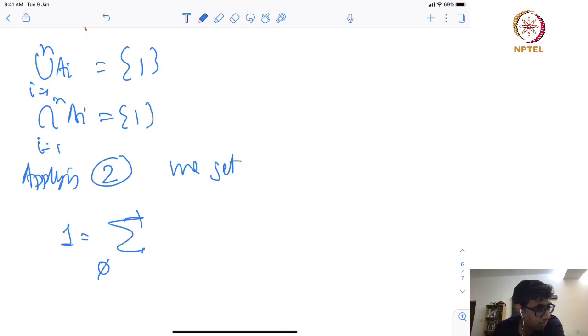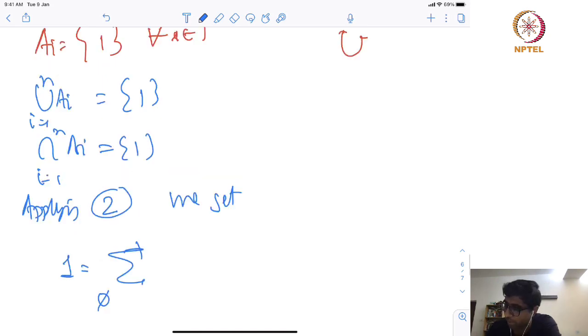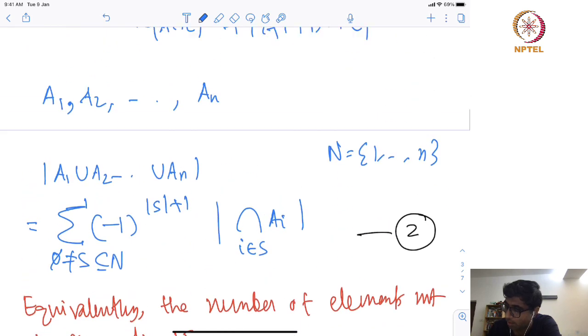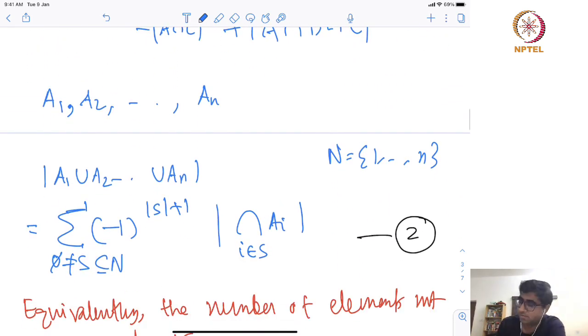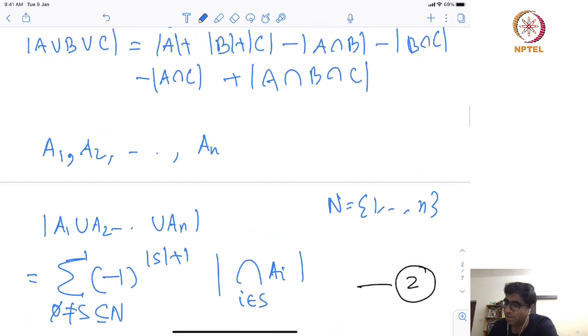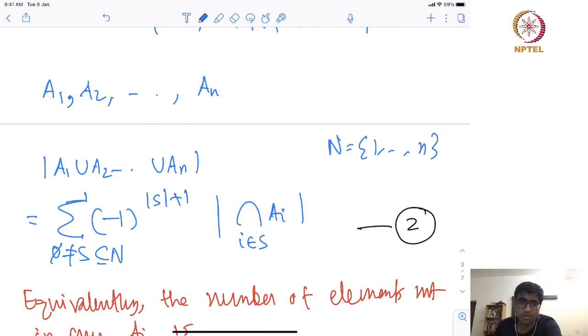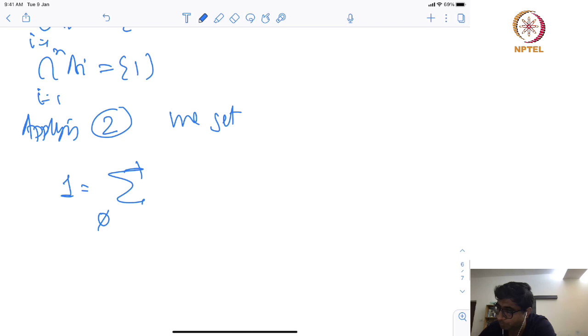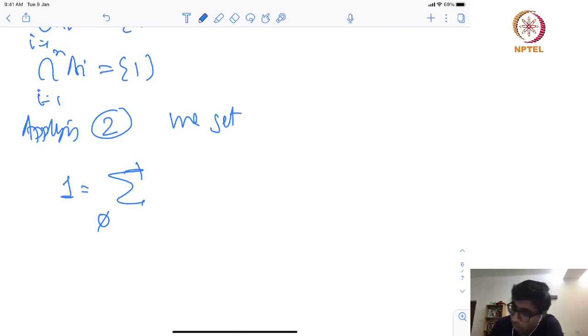So, applying 2, what was 2? Remember, 2 was the formula for the union of A1 to An. Basically, the union of A1 to An is just {1}, and each A_i is also {1}. So, this is basically the summation of (-1)^(|S|+1), and so 1 is equal to the sum over S not equal to phi, S contained inside T.